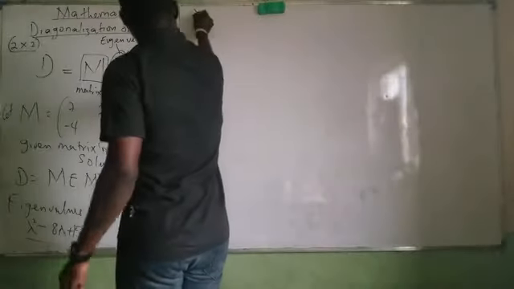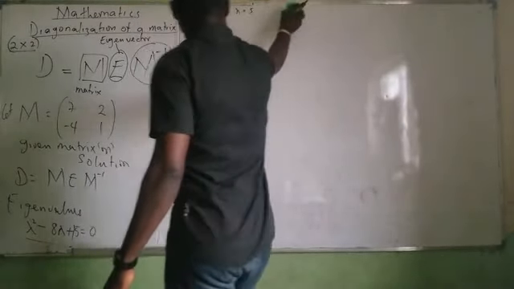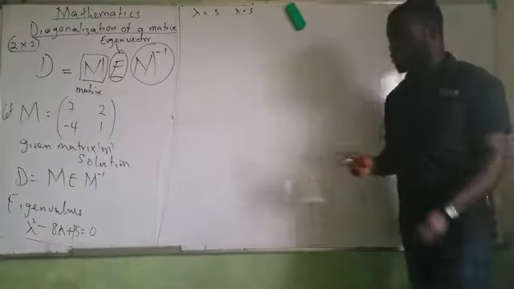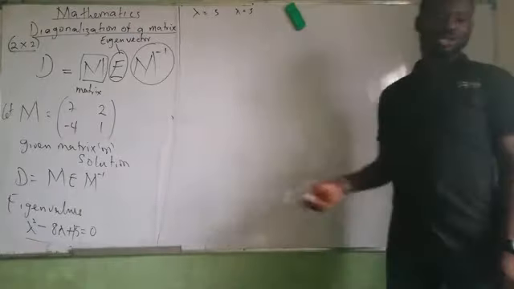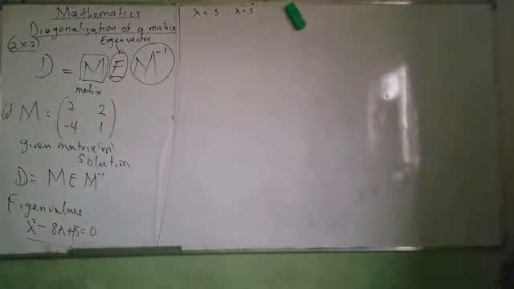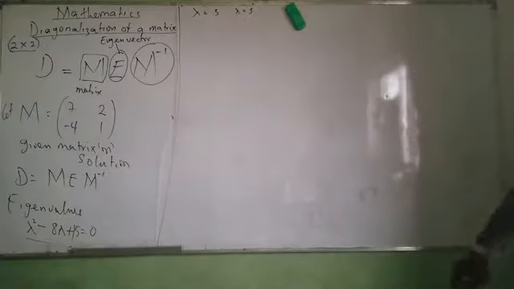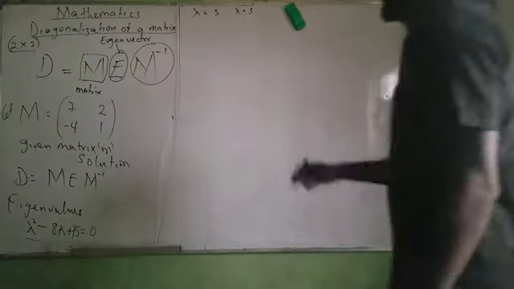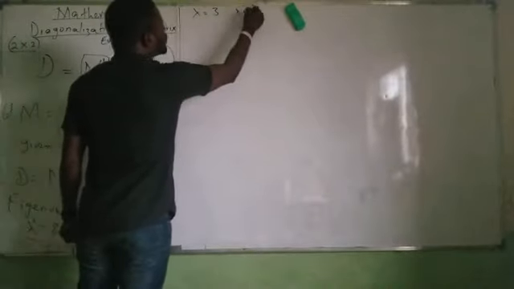It means lambda equals 3 and lambda equals 5. This is advanced mathematics; I'm not here to teach you quadratic equations. If you have a problem with that, you can private chat, there won't be any problem. Now, that is my lambda: lambda equals 3, lambda equals 5.